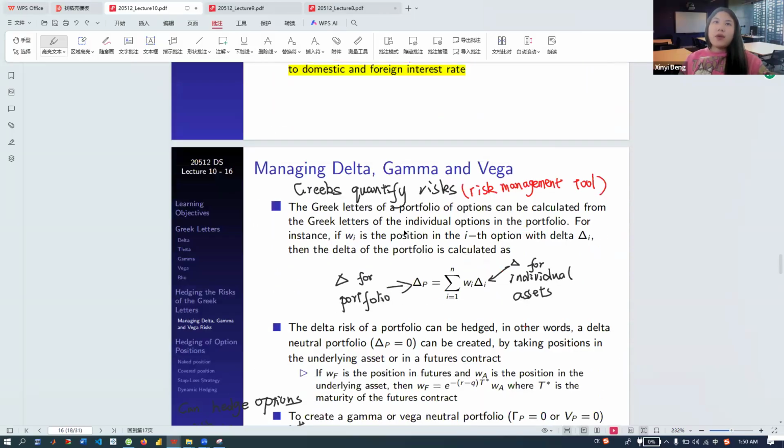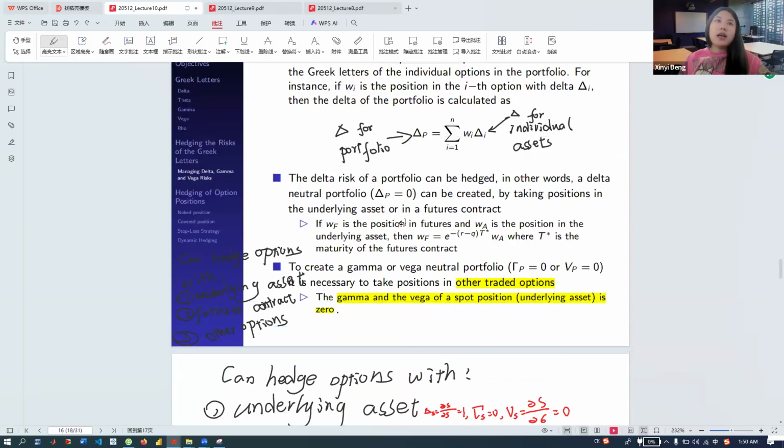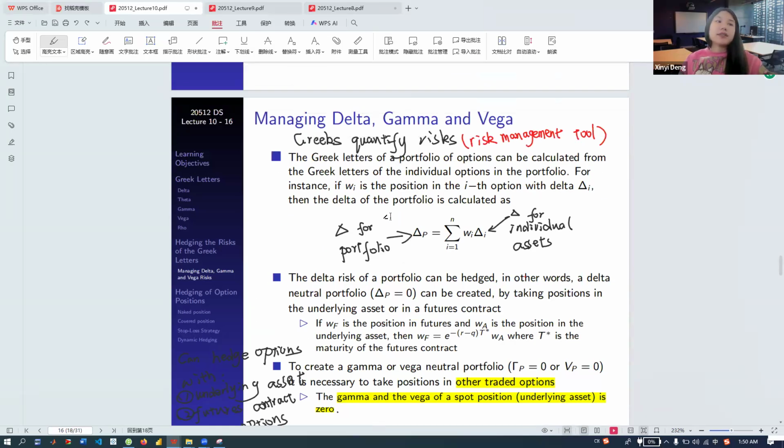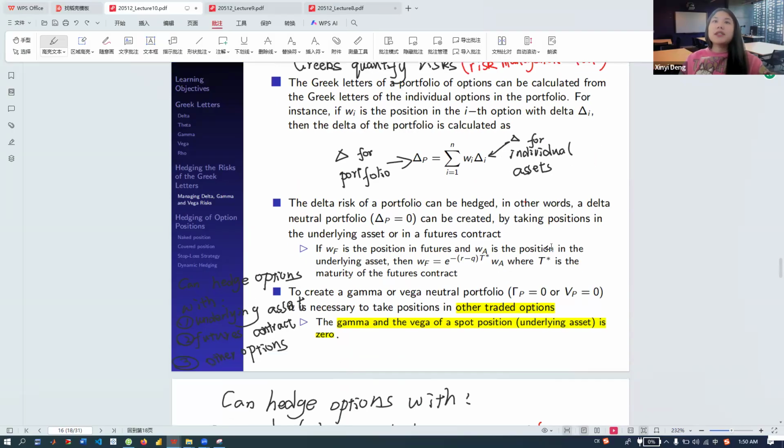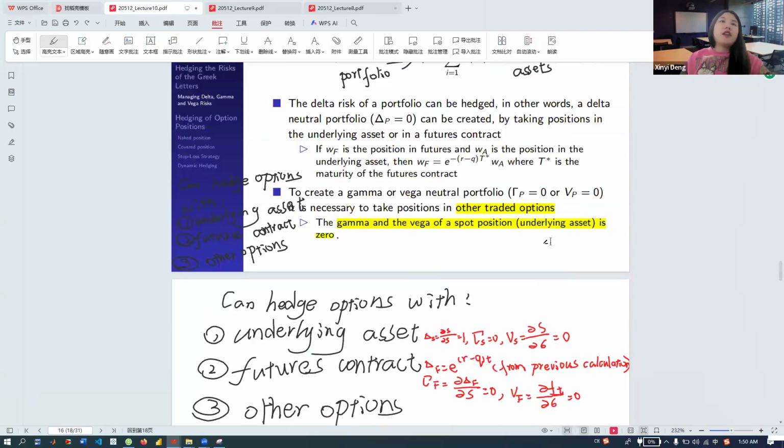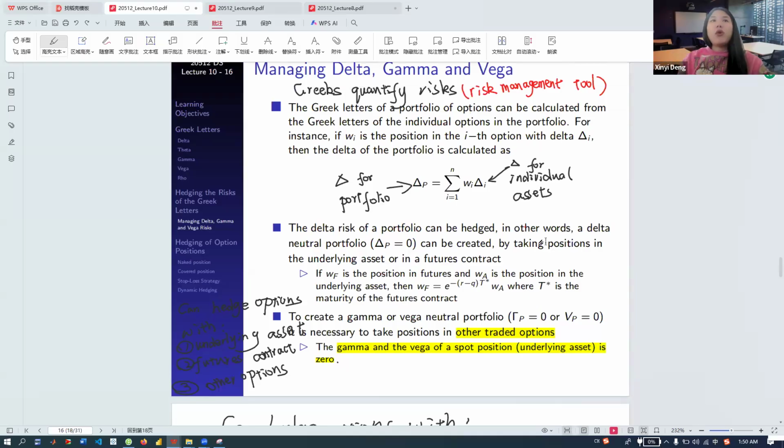Then we're just going to utilize delta, gamma, and Vega as risk management tools, effectively by setting all of them or some of them equal to 0. So delta neutral, gamma neutral, or vega neutral.